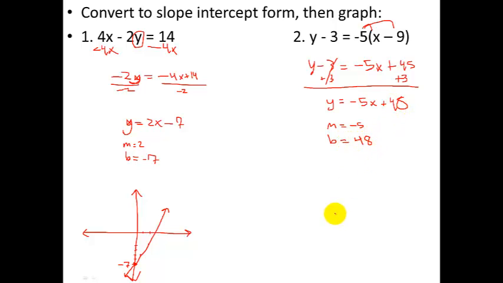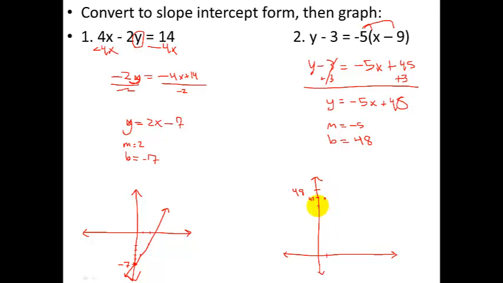This one's going to be quite difficult to graph. So here's our x and y axis. Notice I've drawn them not really to scale because I'm going to start up here at positive 48. And then I'm going to go down 5, which would put me at 43, and over 1, I'll put my dot.